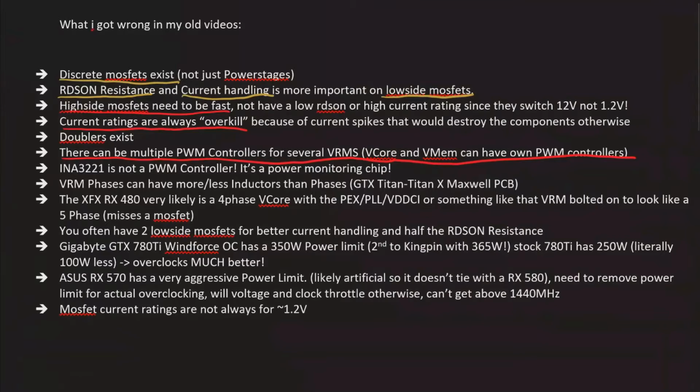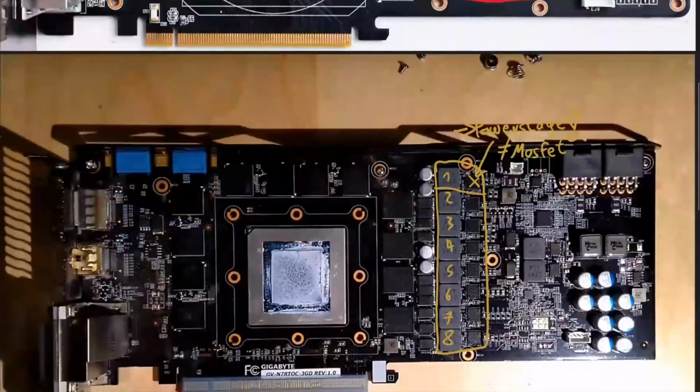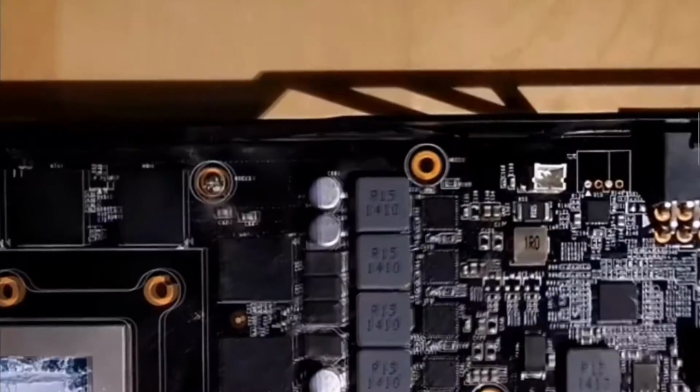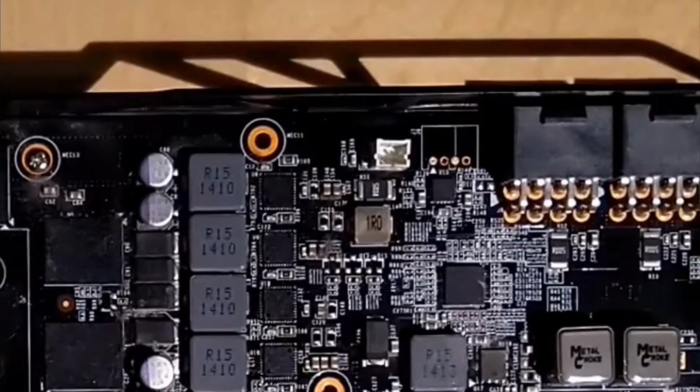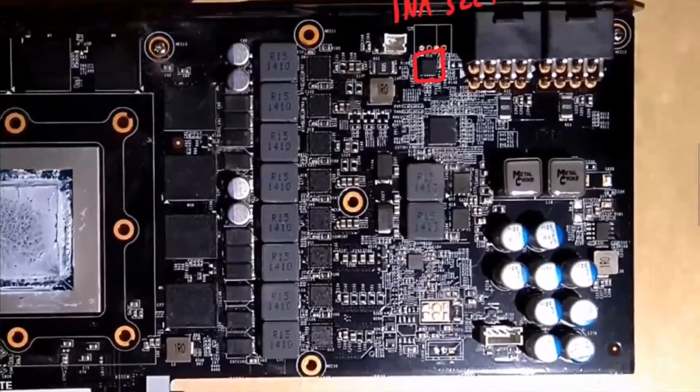So this is one embarrassing thing. The INA3221, found right here, is a power monitoring chip.